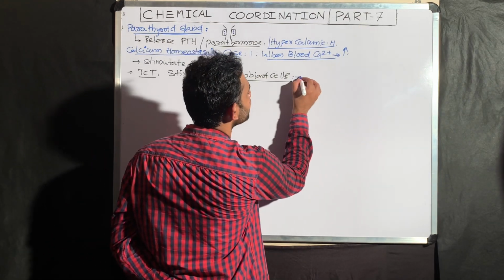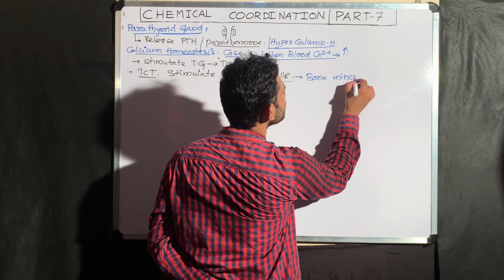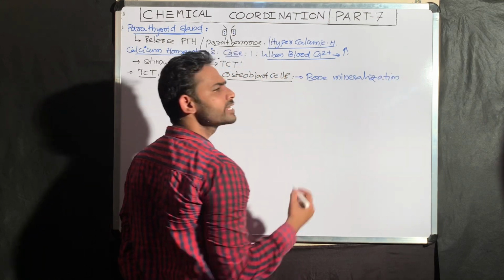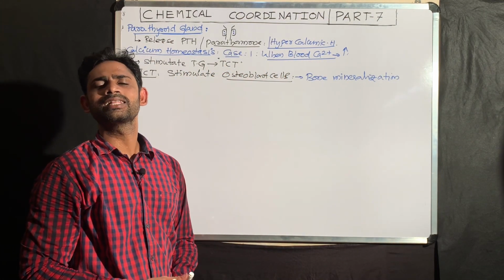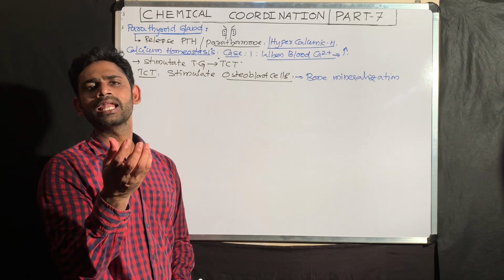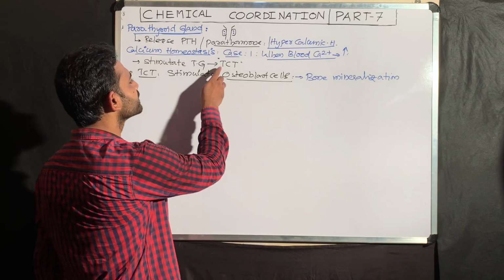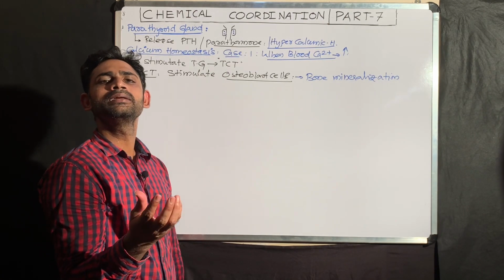That is called bone mineralization. As a result of bone mineralization, bone synthesis is increasing, and the blood calcium gradually decreases. That is why TCT is also called a hypocalcemic hormone.